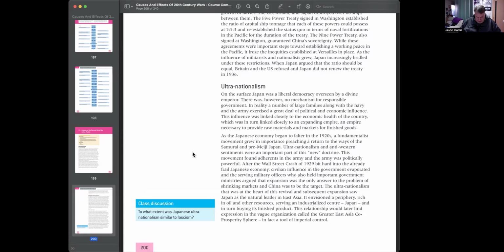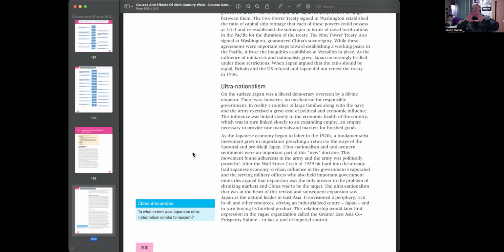The ultra-nationalism that was at the heart of this revival and subsequent expansion, subsequent means the next thing, saw Japan as the natural leader in East Asia. It envisioned a periphery, kind of a circle around the main object, which would be Japan, rich in oil and other resources, serving an industrialized center, Japan, and in turn buying its finished product.